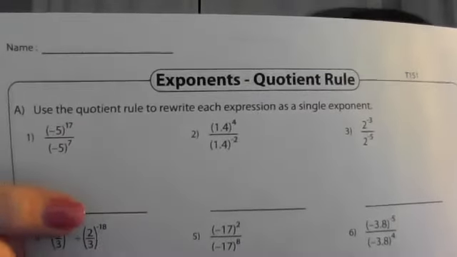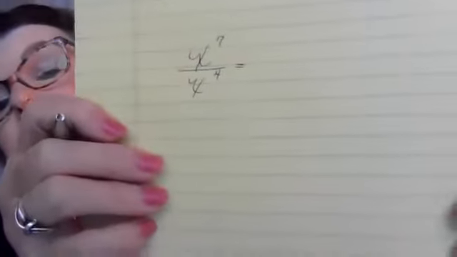Now I want to show you why this works, just like I showed you the multiplication. Let's do x to the 7th divided by x to the 4th. I'm going to do this for an example. See it? So the reason that this works as a shortcut is because here's what's happening.